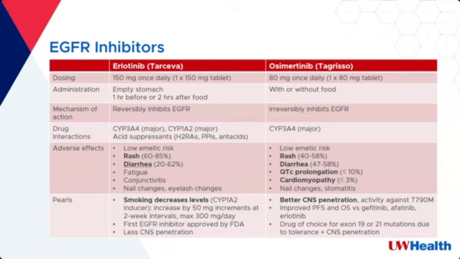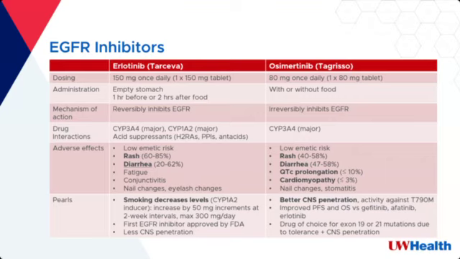If they're going to continue smoking, we have to increase this dose up to a total of 300 milligrams once a day. So essentially double the standard dose. And they do need to let us know if they quit smoking so that we can adjust that dose back down and minimize their risk of side effects. Osimertinib or Tagrisso is by far the most common EGFR inhibitor that I see in practice.